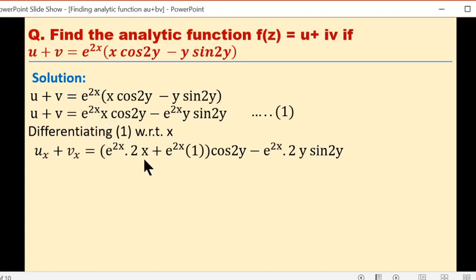Here for the first expression we had written down the derivative of e raised to 2x, and x has remained as it is, plus in the next expression we'll write e raised to 2x as it is into derivative of x. The derivative of x is 1. Okay, so that is the derivative of e raised to 2x into cos 2y minus, now when we come here, e raised to 2x is the only function involving x, y and sin 2y are constant.